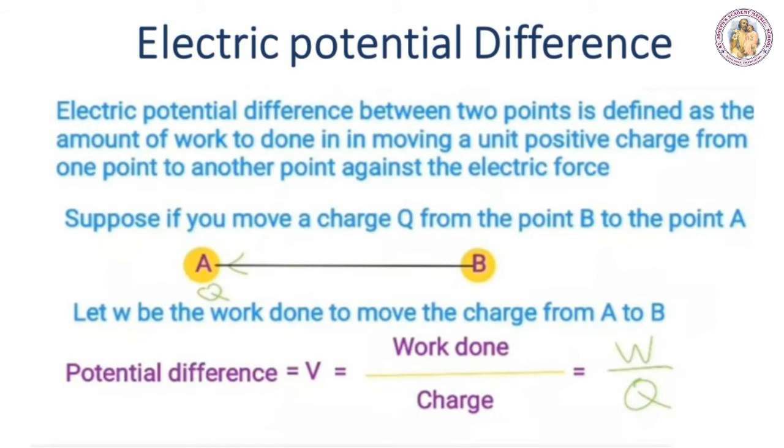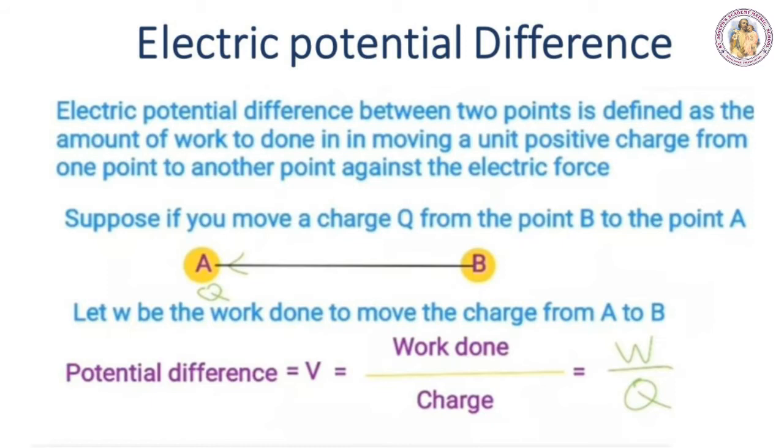What is electric potential difference? The electric potential difference between two points is defined as the amount of work done in moving a unit positive charge from one point to another point against the electric force.